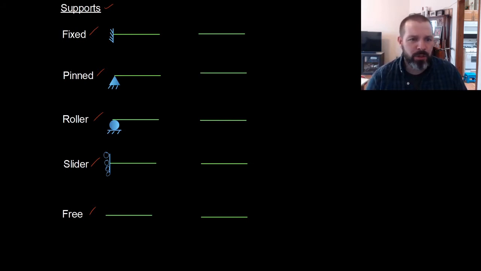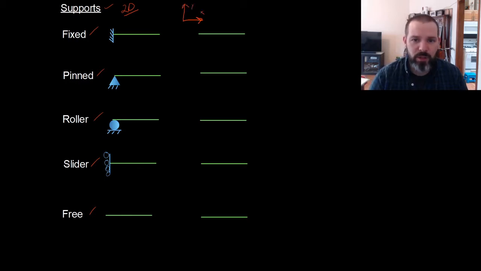So a fixed support, and these supports are in 2 dimensions because we're going to focus on analysis in 2 dimensions. These take on more forces when we move to 3 dimensions, but that's outside of the structures we're going to analyze. I'm going to use a universal coordinate system for all of these definitions, where x goes to the right and y goes up.